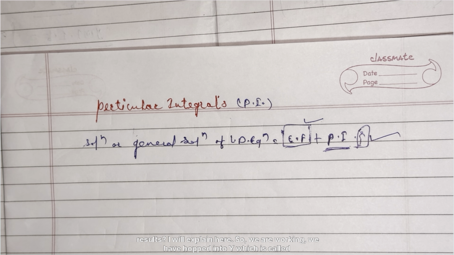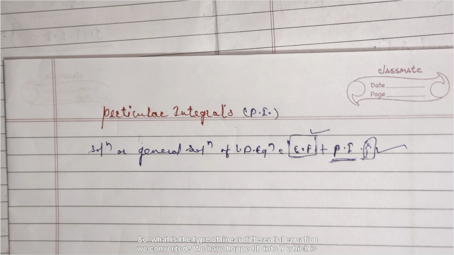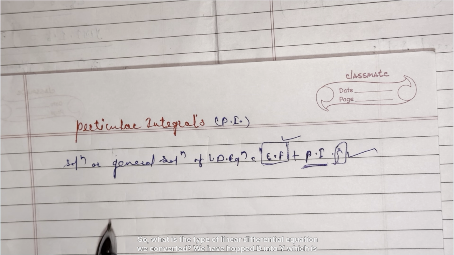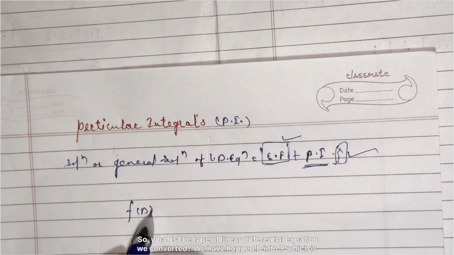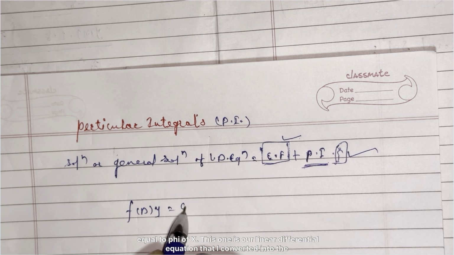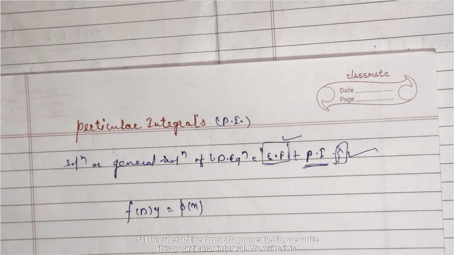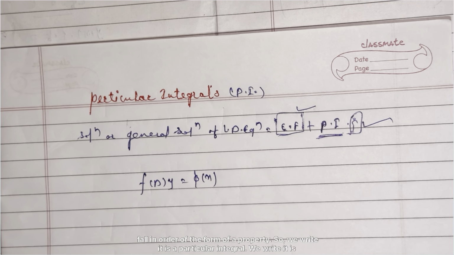We are working with f(D)y equal to phi(x), which is the linear differential equation that I explained in my previous lecture. This linear differential equation, which I converted into a polynomial of the form f(D), is f(D)y = phi(x).